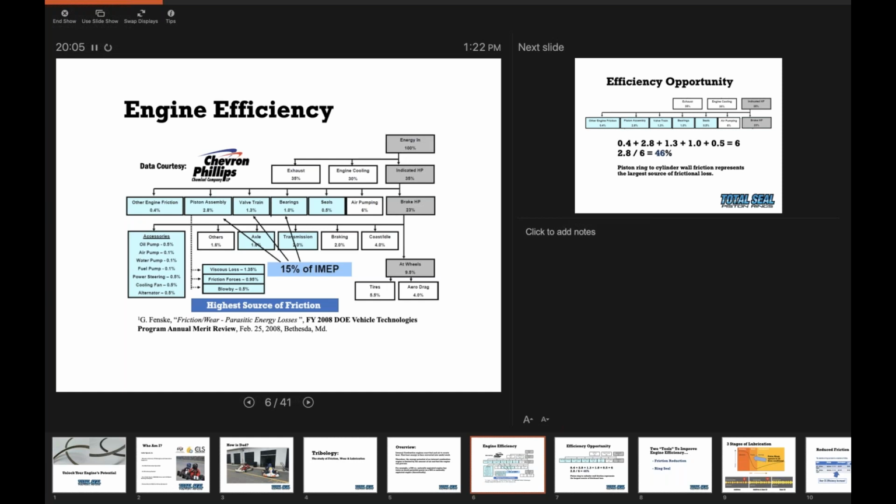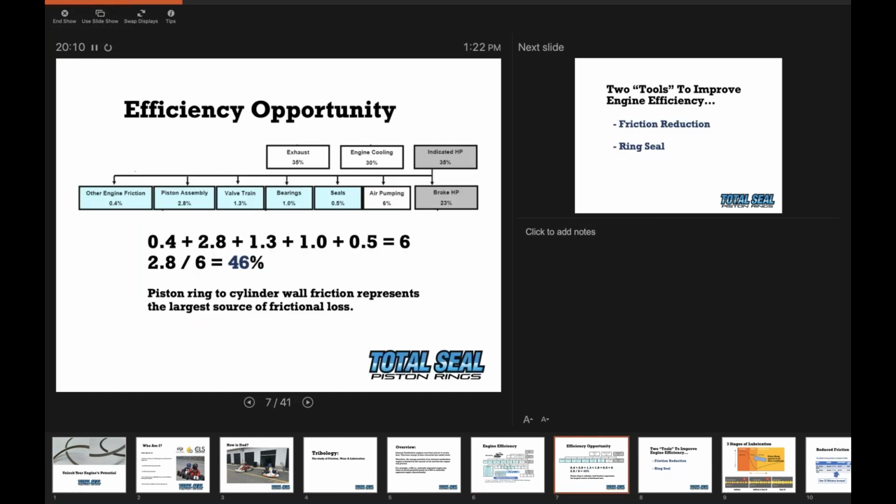And 45% of that friction is the piston ring and cylinder wall interface, or 46% if you follow the math right here. So of that energy that is moving the piston, almost half of the frictional losses in the engine come down to the piston ring to cylinder wall interface.